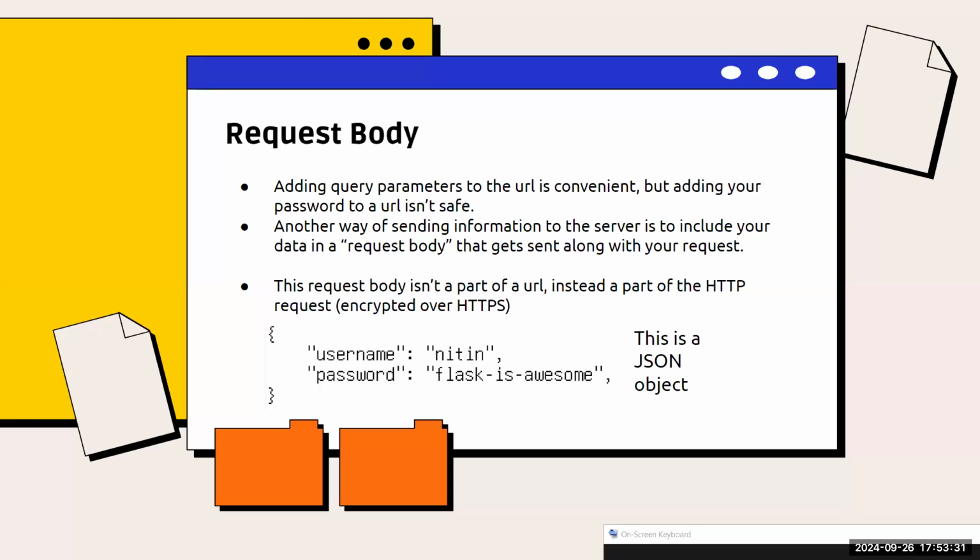If anyone's looking over your shoulder while you're typing stuff in, all you're going to see is a regular URL, but behind the scenes, it's sending this thing called a JSON object, which specifies I'm telling you my username, which is Nathan, and I'm telling you a password, and my password is class is awesome. So this is probably the most widely used way to send data to an API. And if you had to choose, I would say use this over the others if you had a choice.